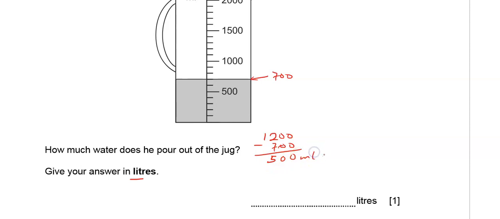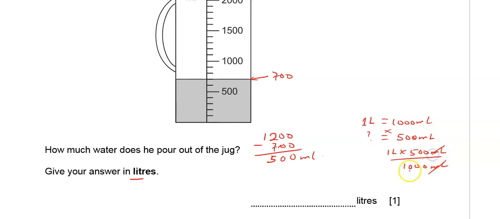And this is milliliters. So 1 liter has got 1,000 milliliters. So 500 milliliters is equal to how many liters? Of course, we cross multiply. So it's going to be 1 liter times 500 milliliters divided by 1,000 milliliters.